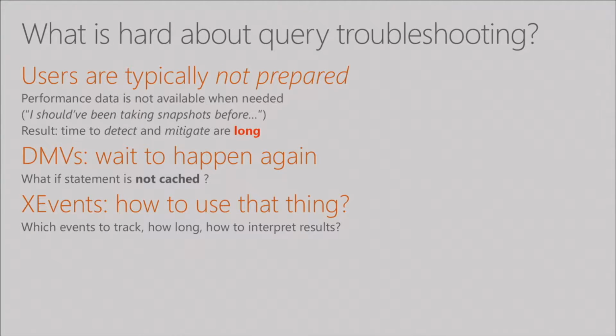Also, some of the queries that your application executes against the database might not be cached at all, which means you will not be able to find that statement using the DMVs. That's also a problem, so you do not have full information.